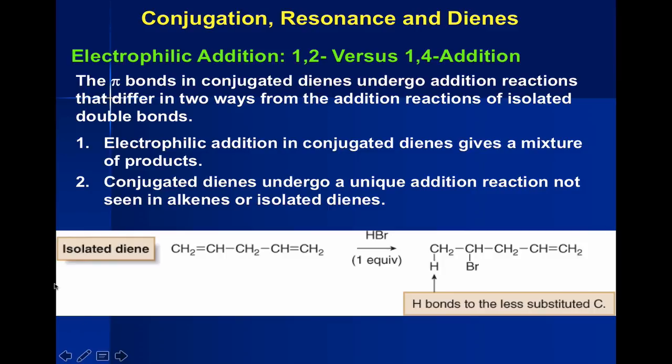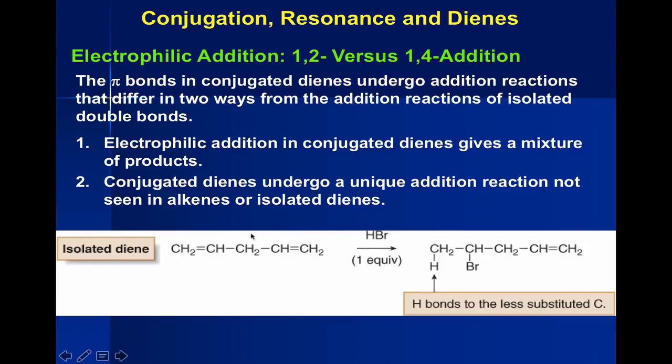So if we think about this isolated diene that we have here, if we count it, 1, 2, 3, 4, 5 carbons. So this is 1,4-pentadiene. And if we were able to be very, very careful and add just one equivalent of hydrogen bromide to the reaction mixture, we would simply add HBr across one of the double bonds.